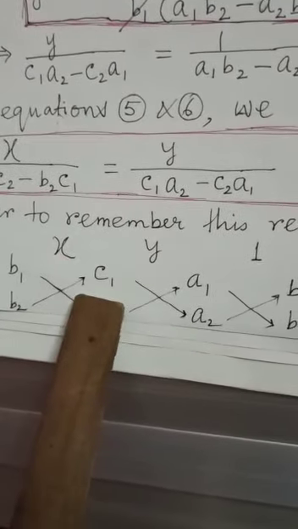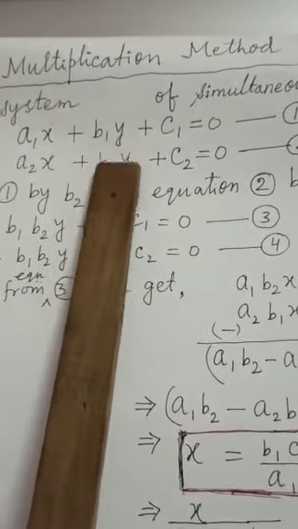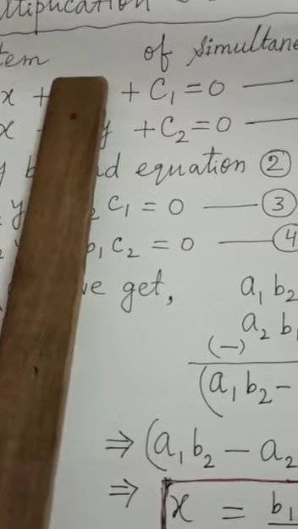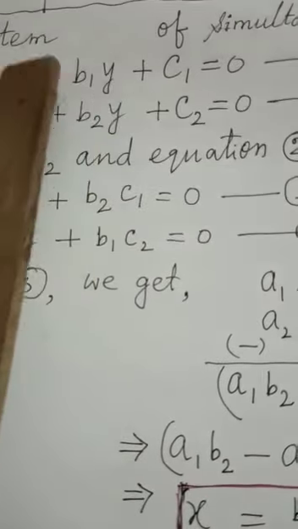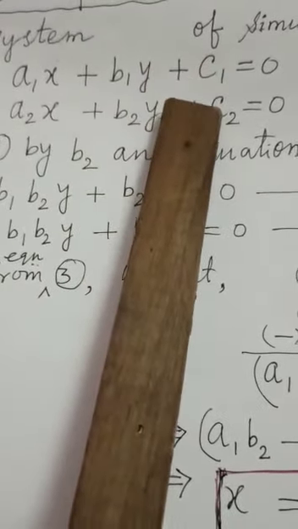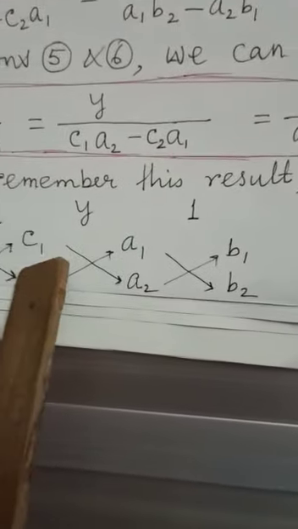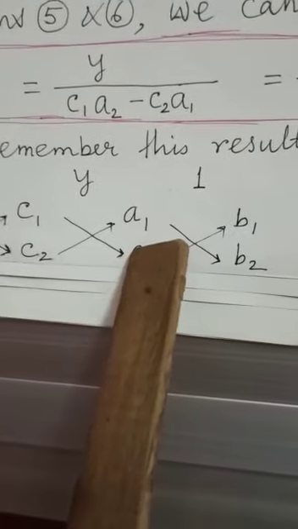Now below y, leaving the column containing y, we will write the column containing x, that is a1 a2, and the column containing the constant terms c1 c2. But c1 c2 is already there, so we will write only a1 a2.